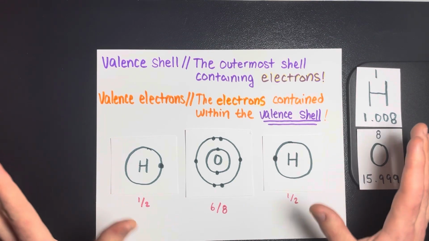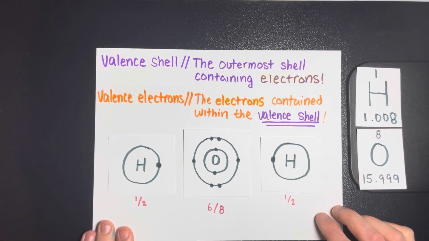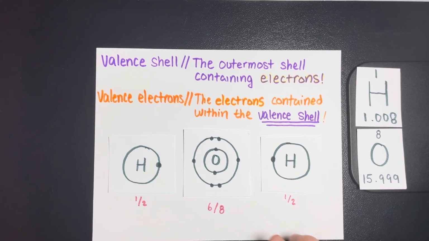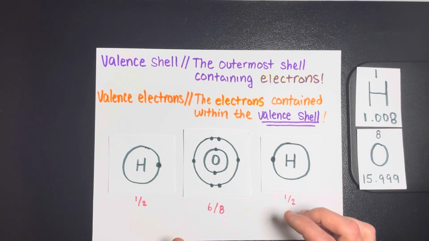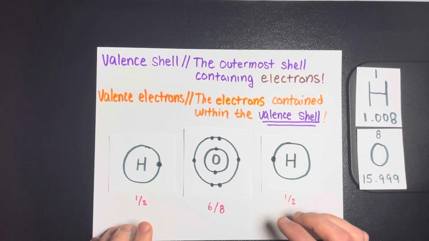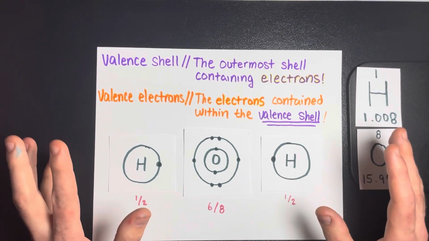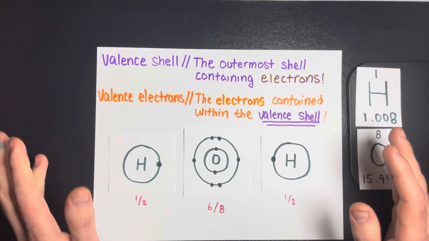Now, this is where everything kind of comes together because these 3 guys are all, shall we say, unstable. Yeah, they're all kicking and clawing and scratching. They're unhappy because every atom's sort of goal, so to speak, is to have a complete valence shell.